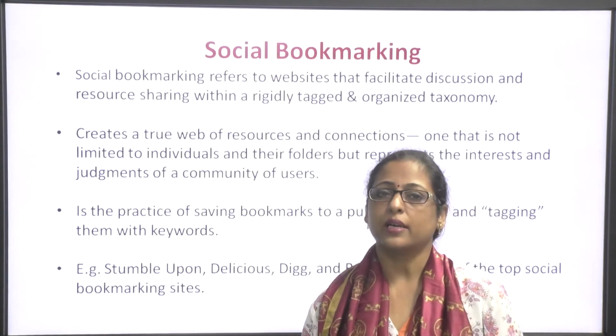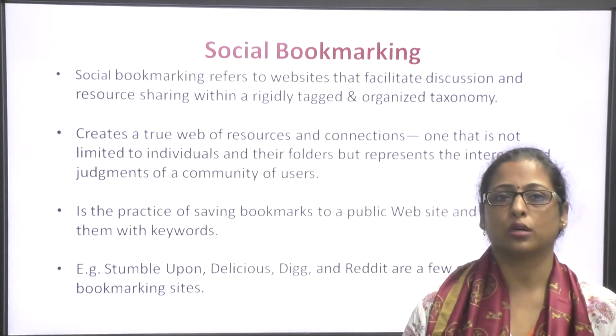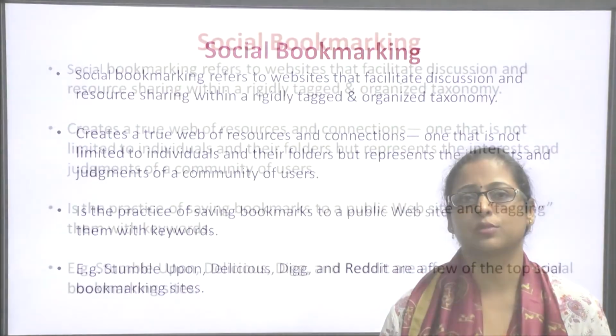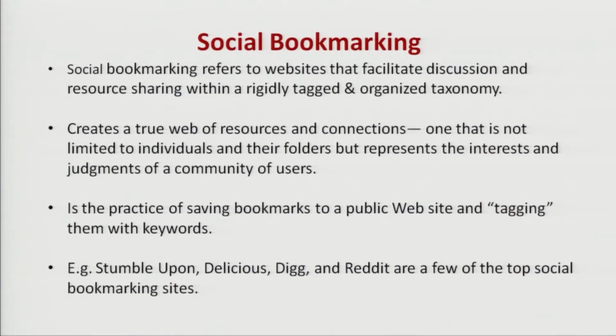Now, coming to the next technique, which is social bookmarking, which basically refers to the website that facilitates discussion and resource sharing with rigid tagged and organized taxonomy. There are various social bookmark organizations like StumbleUpon, Delicious, Digg, Reddit, etc., which basically track your website or its content in the form of a bookmark.